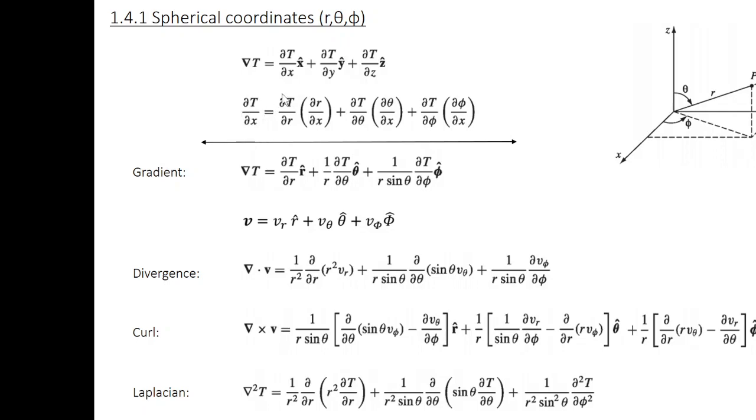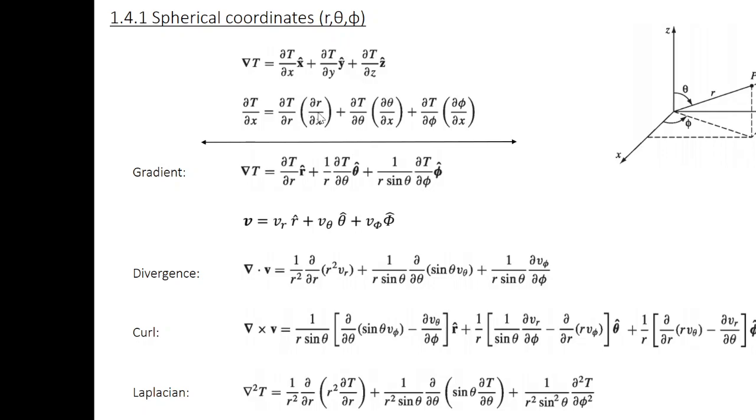Using the chain rule, you can represent this in the spherical coordinate system as dou t by dou x equal to dou t by dou r into dou r by dou x plus dou t by dou theta into dou theta by dou x plus dou t by dou phi into dou phi by dou x. This is the classic chain rule.